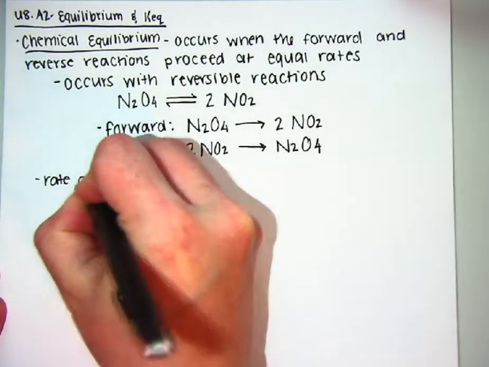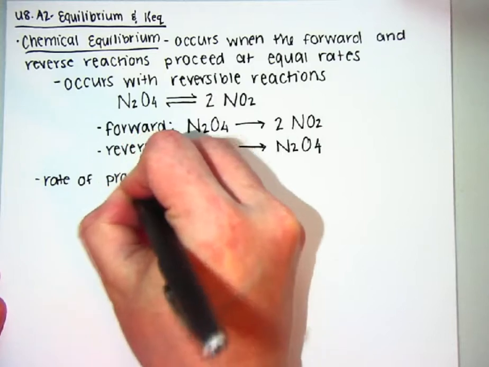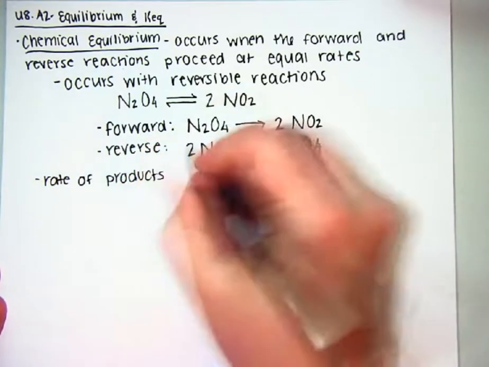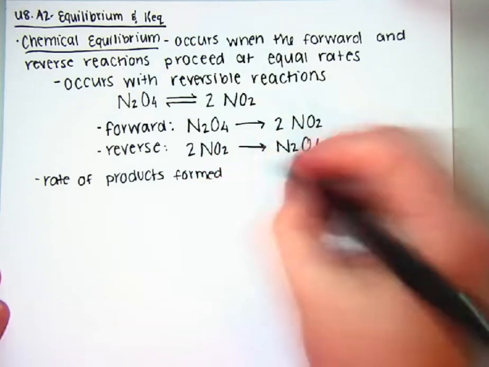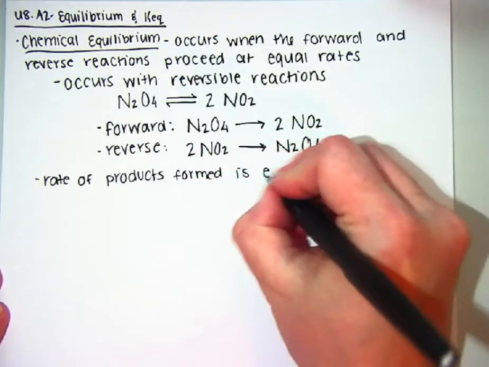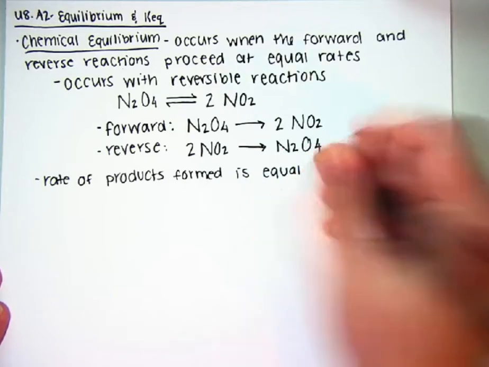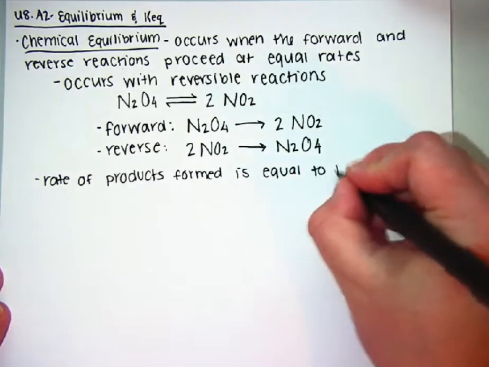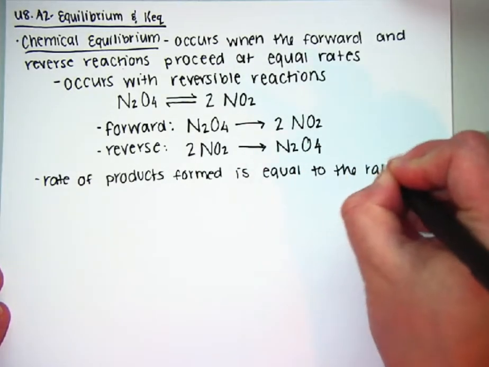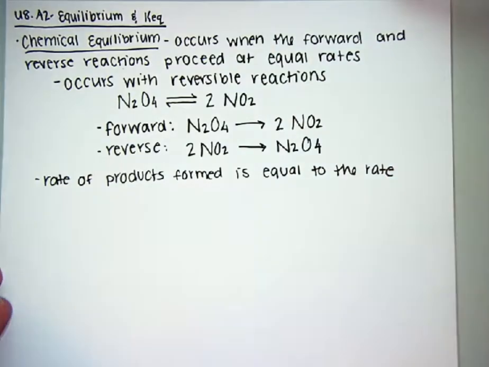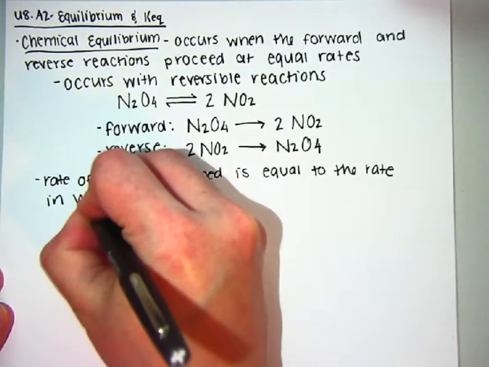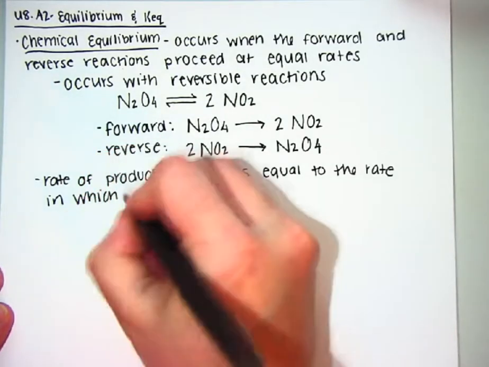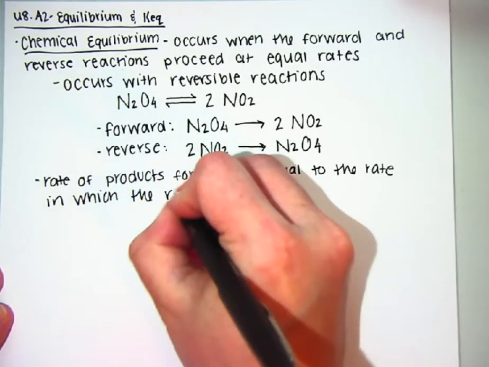The rate of products formed is equal to the rate in which the reactants are formed.